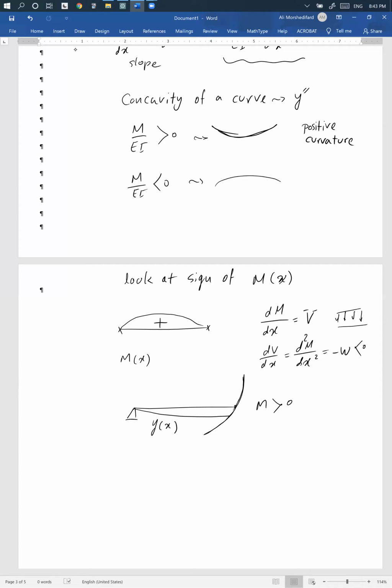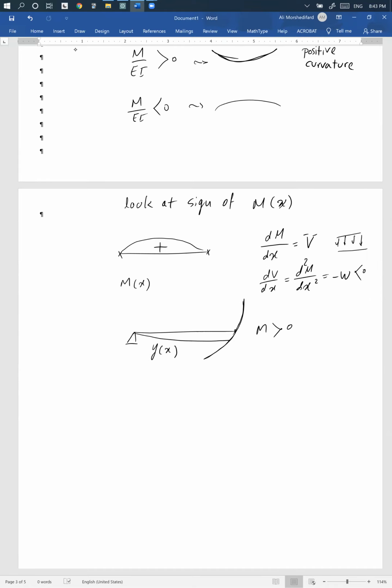Someone has asked, how do we know that moment is positive? One way to see that is to use the equation.